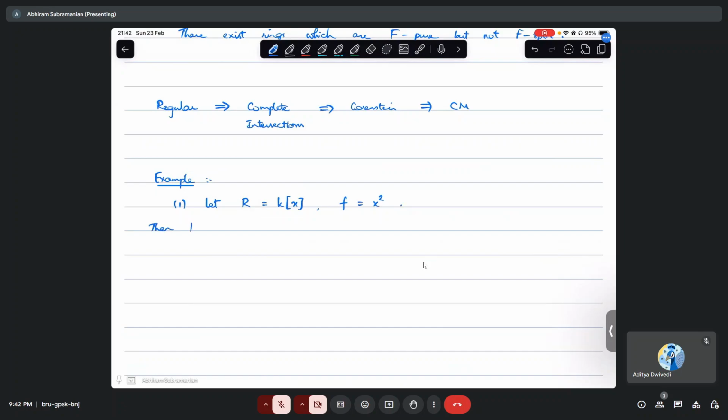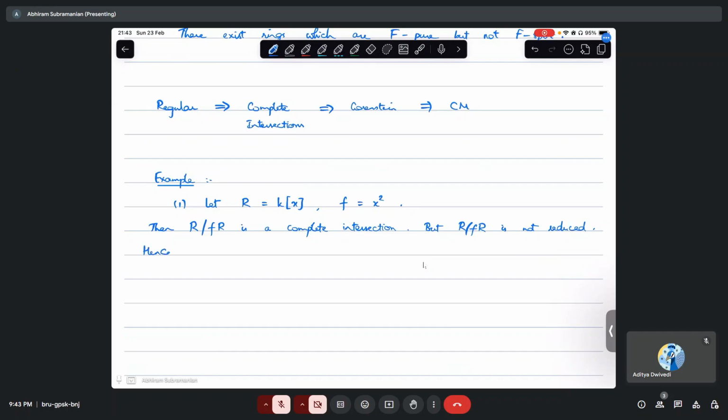Then R mod fR is a complete intersection. But R mod fR is not reduced.